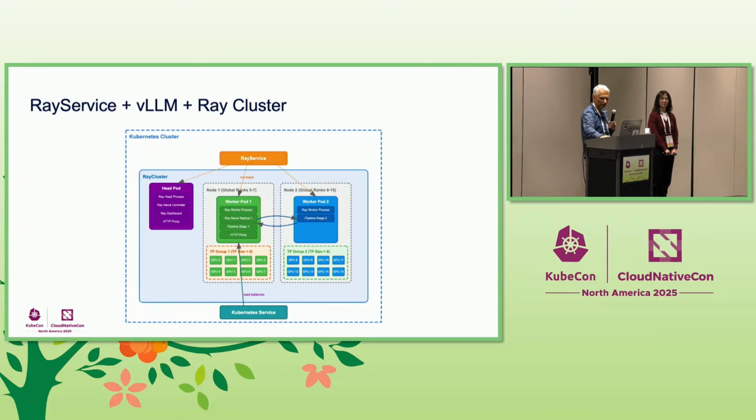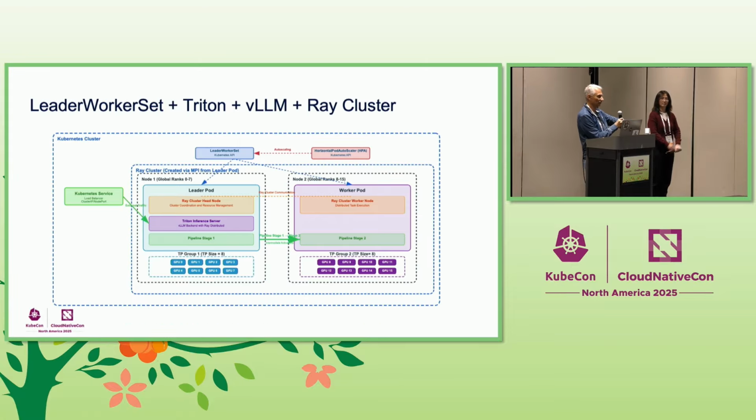The next one is a bit interesting because, to our knowledge, we have not seen this out there in the literature or in the examples. The idea is that we are using both cluster planes, the LeaderWorkerSet that we talked about first, and the Ray cluster at the same time. They are sort of coplanar, and the Ray cluster is being created on top of the LeaderWorkerSet.